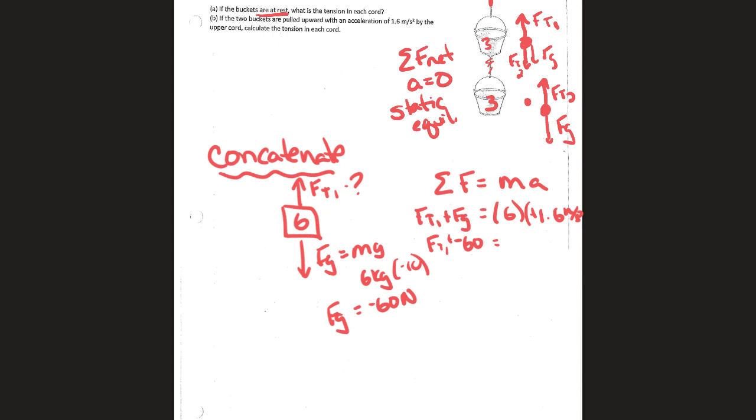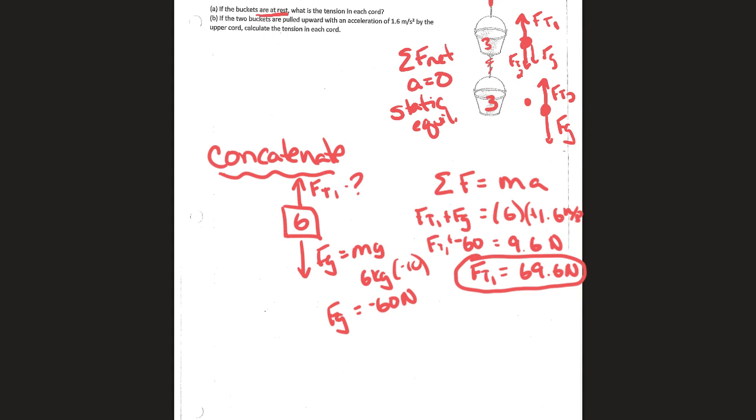I should do that in my head. Oh my gosh, no it's not. My fault. 9.6 newtons. Then you have to add 60 to both sides. I don't want to make mistakes, because I sometimes do. And there we have force tension 1. Maybe some of you would have thought of doing that all by yourself, but now we found FT1, and that's above the first bucket.